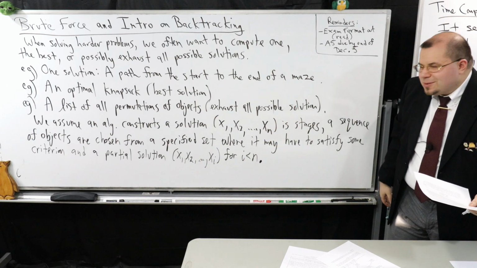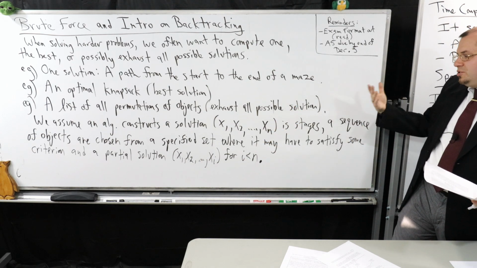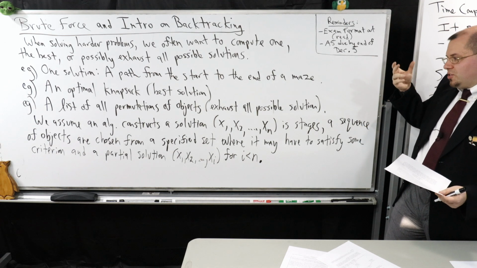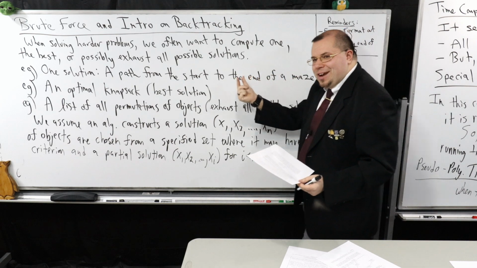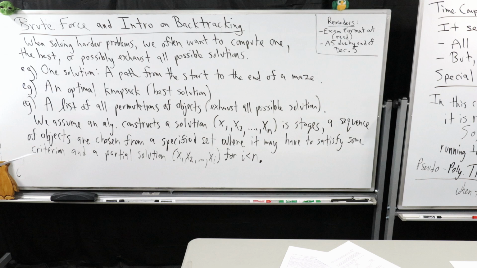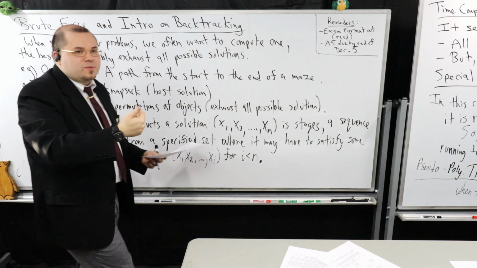And then at every single step, I'm going to have a partial solution. So I'm going to do this in stages where I'm going to start off with no choices for objects. Then I have 1, then 2, then 3, then 4. When I'm doing this process, I want to make sure that every single time I make a choice, I'm still working with something that follows the constraints of the problem.